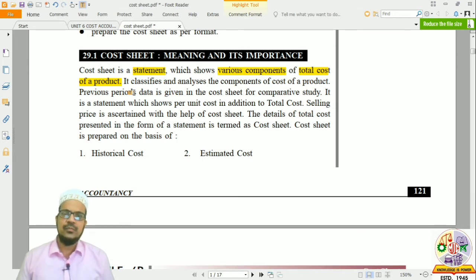For example, you all must be having your mobile phones. Just take a moment and look at your mobile phone and try to identify all the components which have gone into manufacturing that particular product.